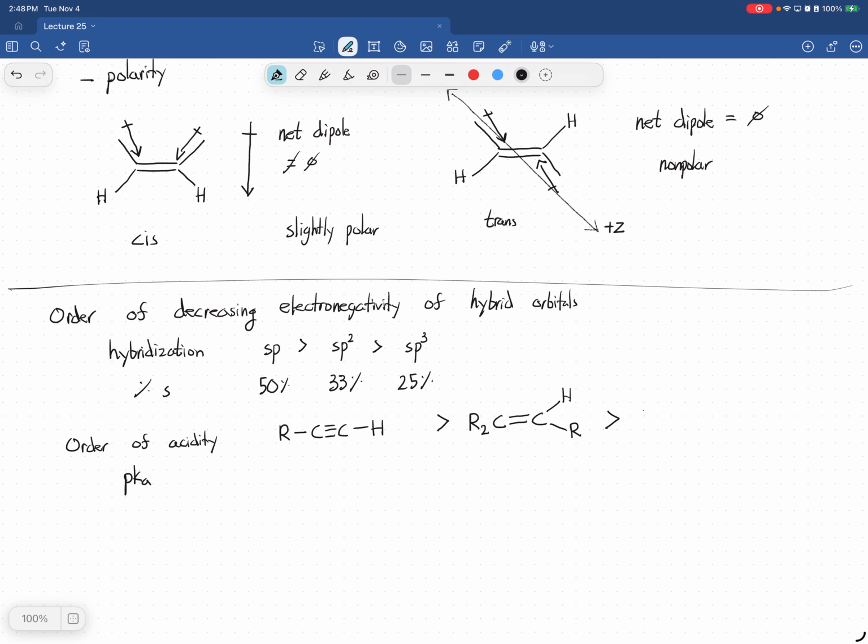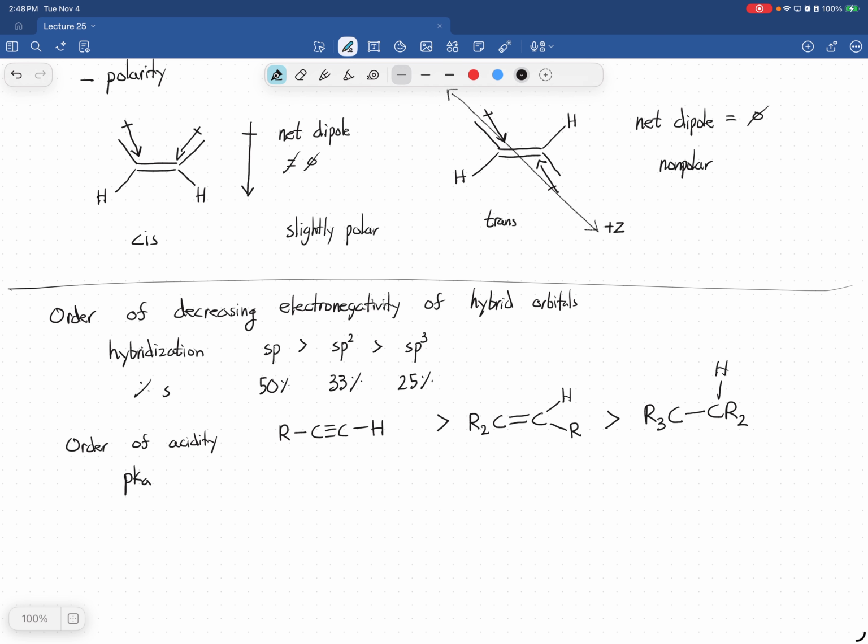And then we have the alkane, R3C, and then we have a hydrogen atom here and two other alkyl groups, okay? So, sp3, sp2, and an alkyne, sp, okay?